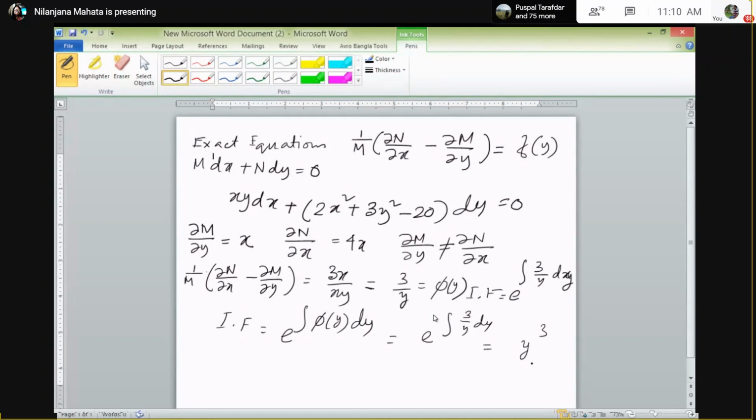So if this is my integrating factor, I will multiply this equation by this integrating factor.